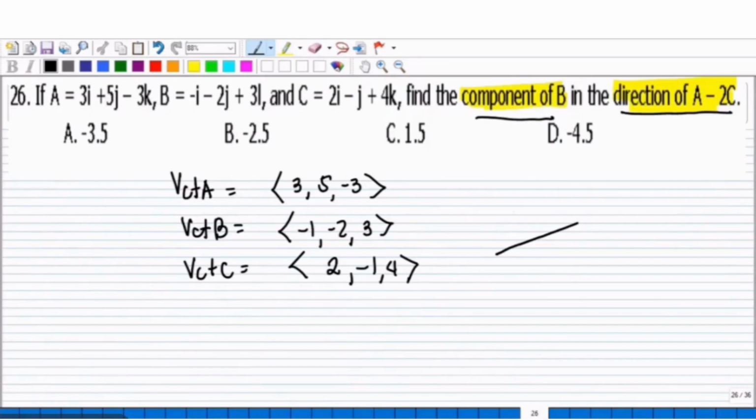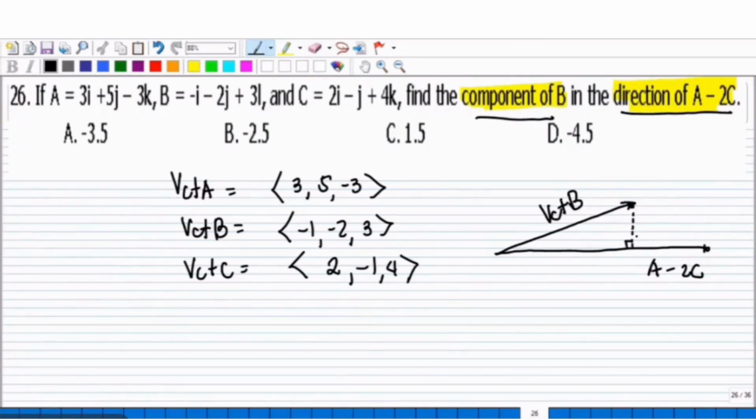Okay, so for example, this is your component B, okay, vector B. Ipupunta daw natin to sa direction ng A minus 2C. Okay, so yan. So A minus 2C. So ano gagawin natin dyan? I-project lang natin yan.